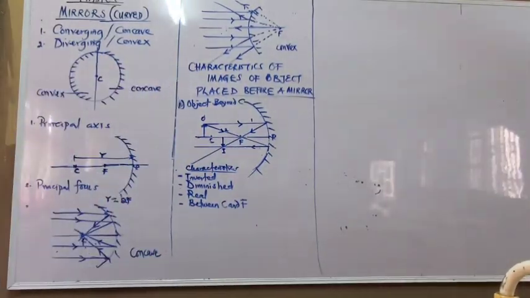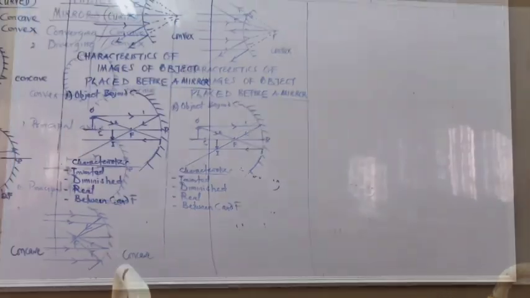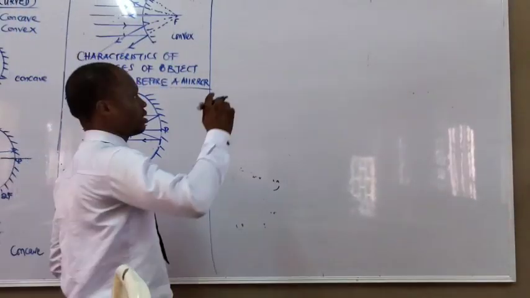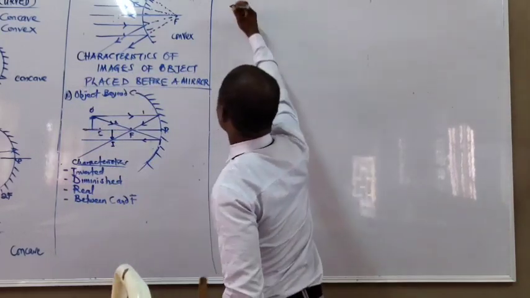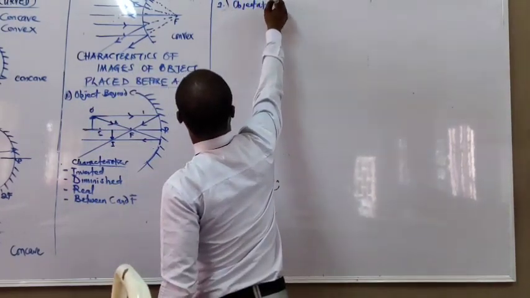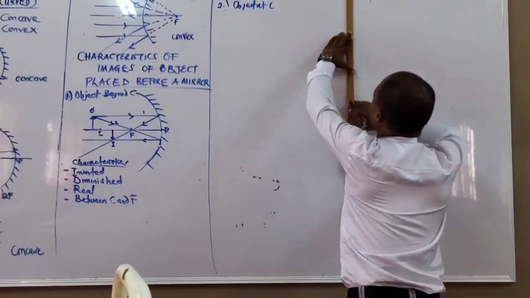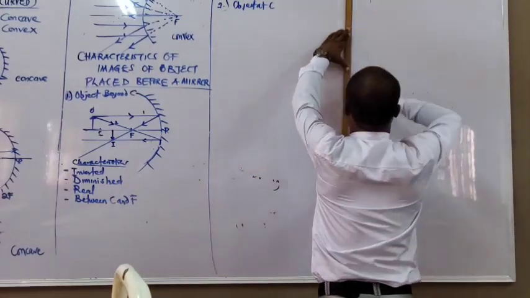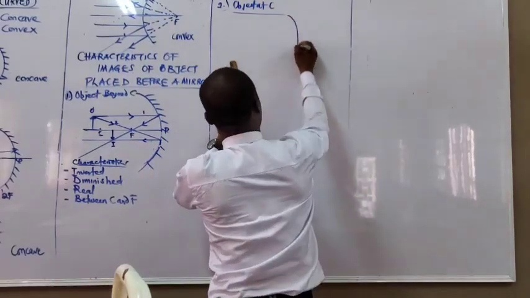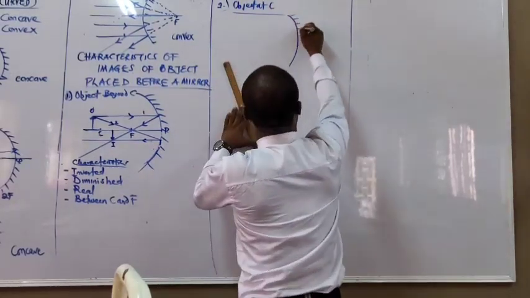So, let's look at an object placed at C. Object at C. The first thing is to draw your mirror.